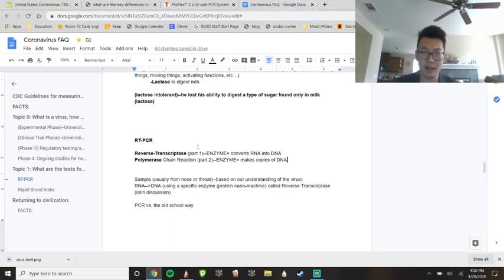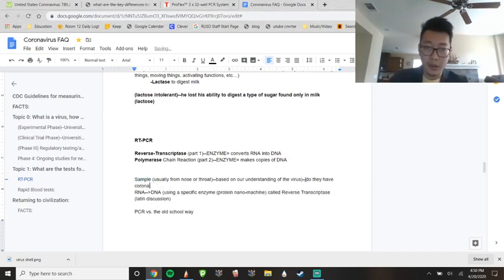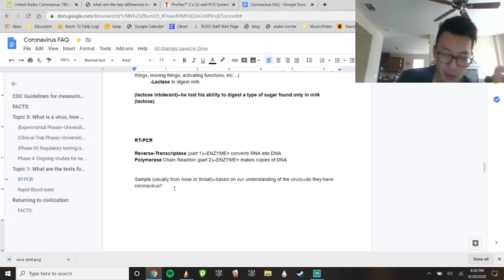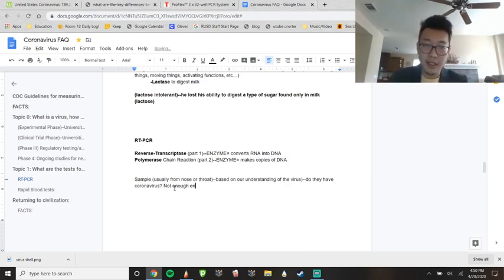So why do we want to even bother doing this? Well, the problem is that when we collect a sample from someone's nose or throat to see if they have coronavirus, the sample is too small. It doesn't have enough genetic material to tell.